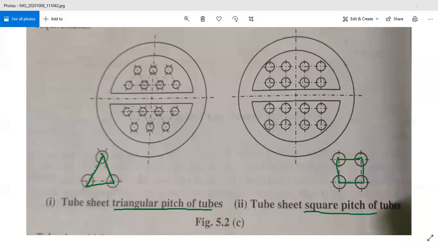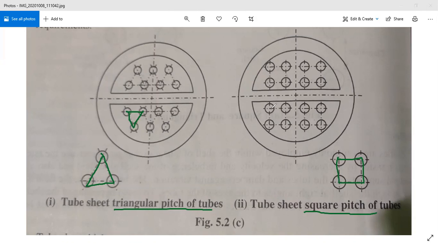The center to center distance between the adjacent tubes is called the pitch. In this diagram, the center to center distance may be this one or this one or this one and this one. If you observe the adjacent tubes, then you can call this length a pitch.